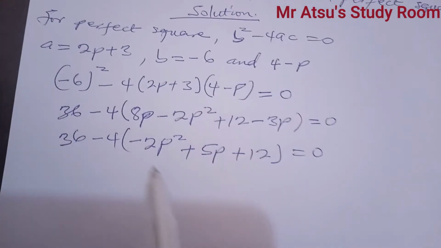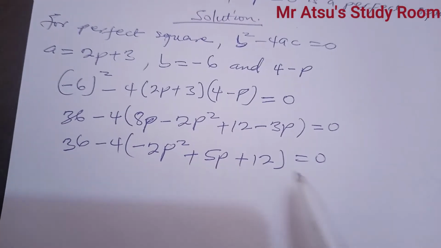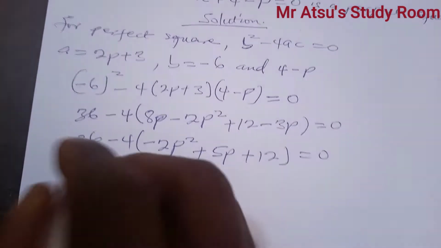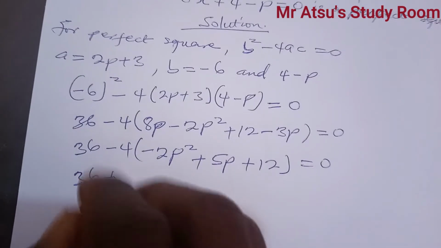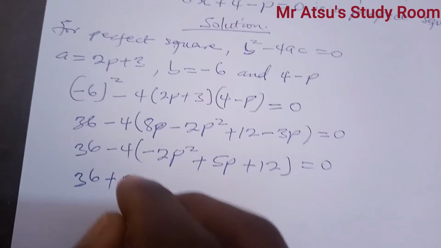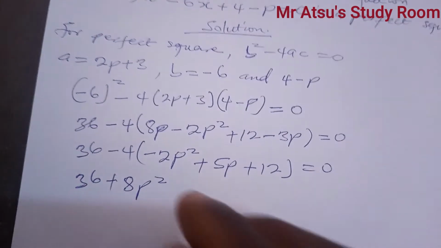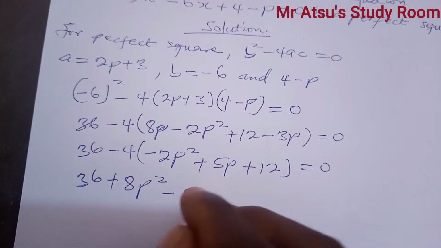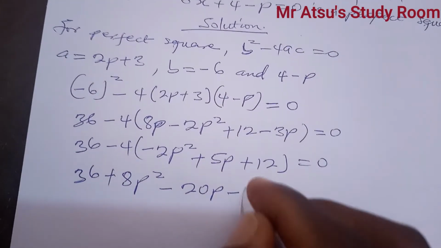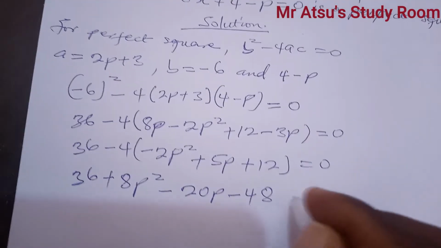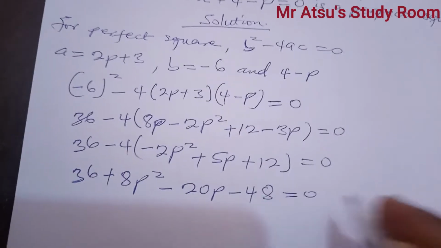We will now use the negative 4 to expand what is in the parentheses, and that's going to give us 36 plus 8p squared minus 20p minus 48 equals 0.